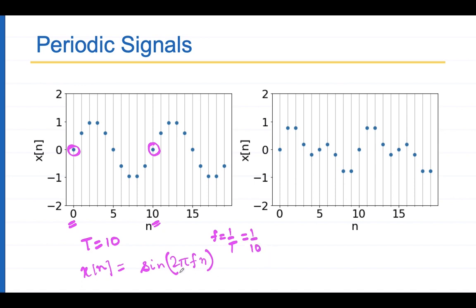Now you can verify that at n equal to 0, your x[n] is sine 2 pi times 0 by 10, and at n equal to 10, x[10] is equal to sine 2 pi by 10 into 10, which is equal to sine of 2 pi, which is again 0.